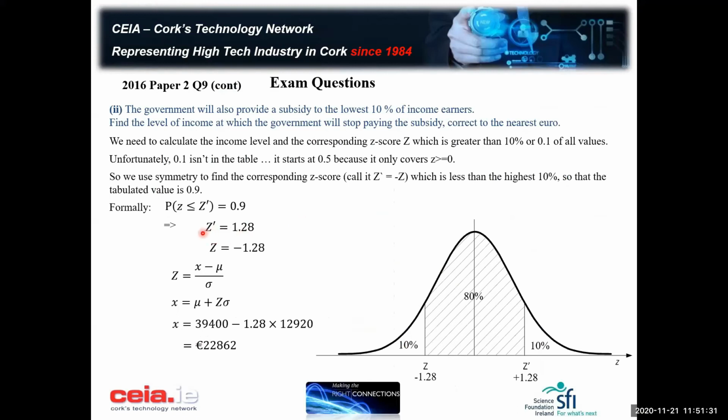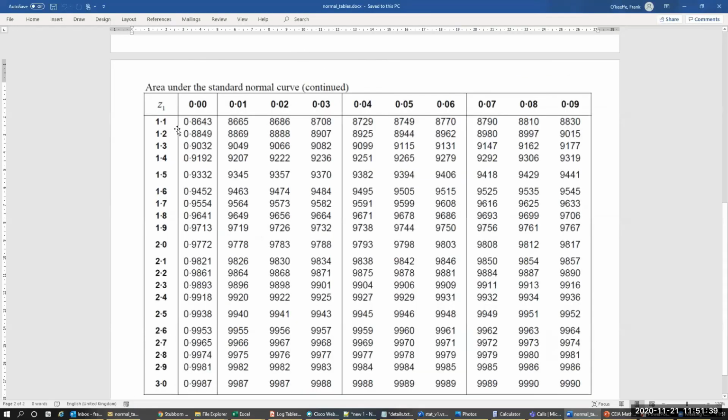Right, so we see that z prime here is plus 1.28. Now, let me just go back to the normal table and see what we're doing here. Instead of looking for a z number and reading off the area under the curve, we know that the area under the curve must be 0.9, and we want to find that value in the table. The closest number to 0.9 is this one, and we read off what z value that was.